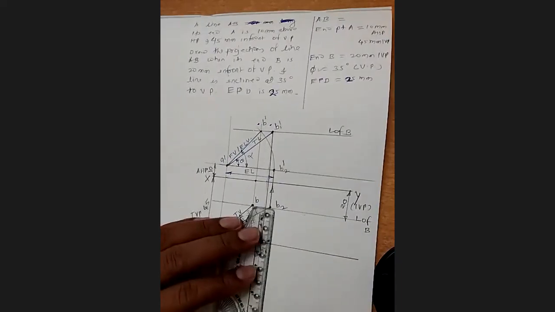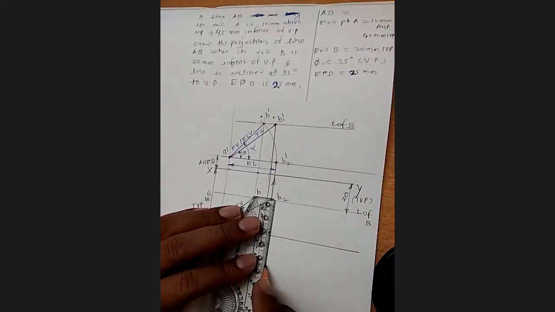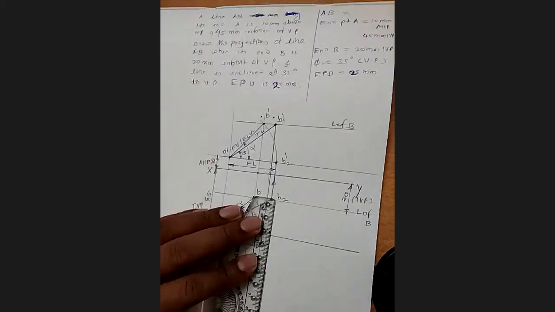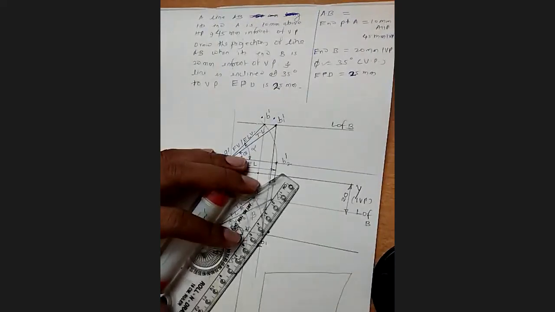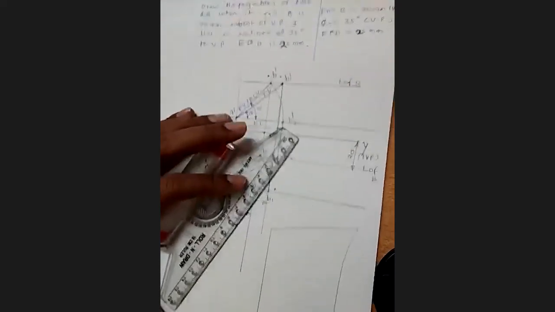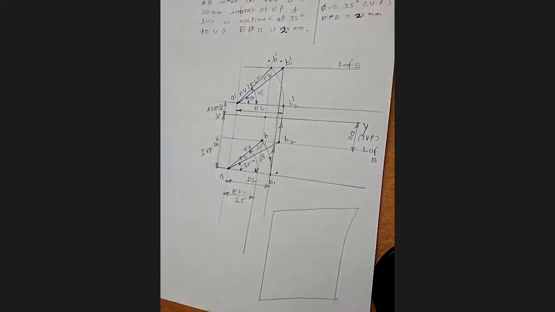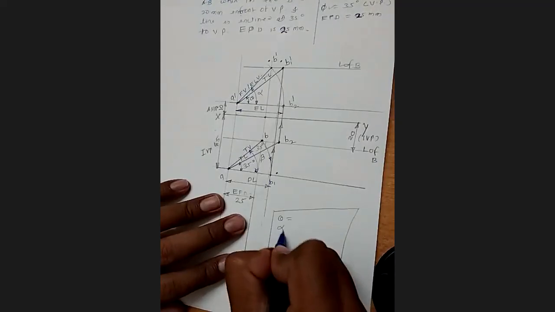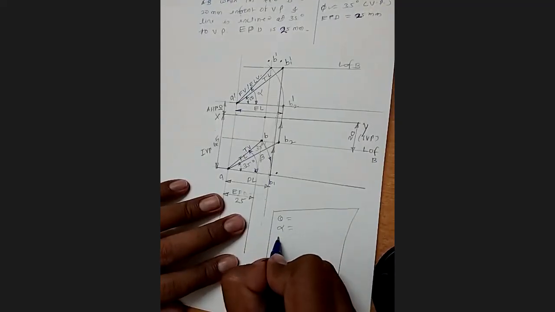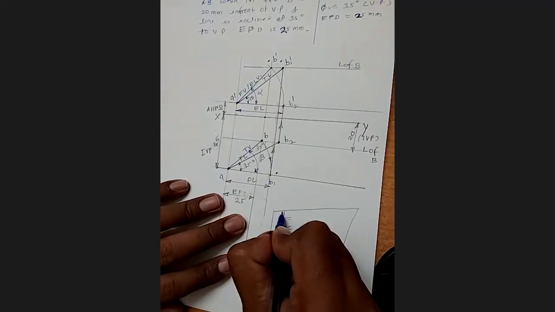Now you summarize your answer by measuring the unknown values and putting them in this rectangle, or just make a box anyhow. Okay, the way I'm making it. Okay, in which the values which you obtain: theta, alpha, even true length was not given.